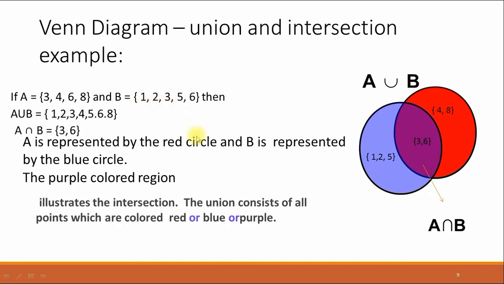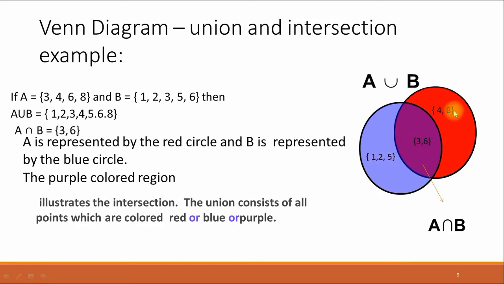2 and 5. The red circle represents set A, and the blue circle represents set B. So 3 and 6 are the common elements in these two sets. This area represents the elements 3 and 6, and the other elements of set B are 1, 2 and 5.